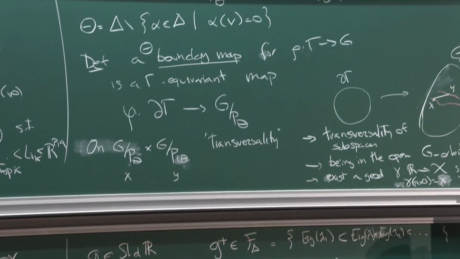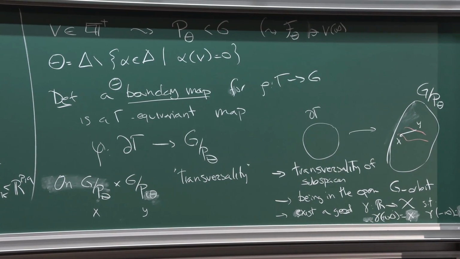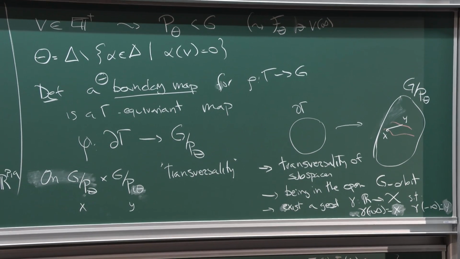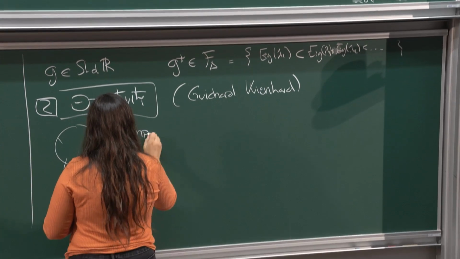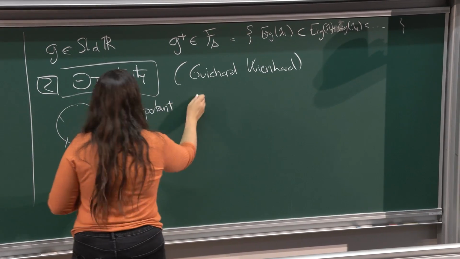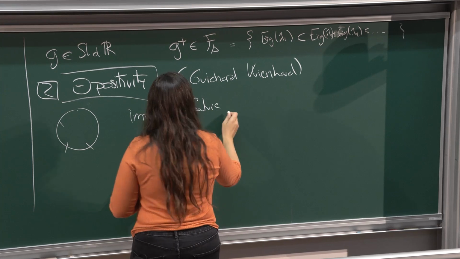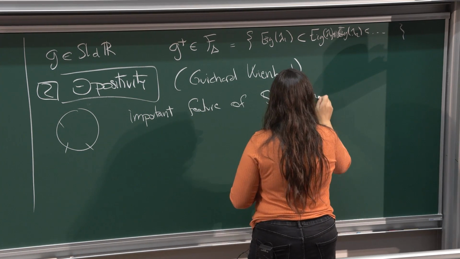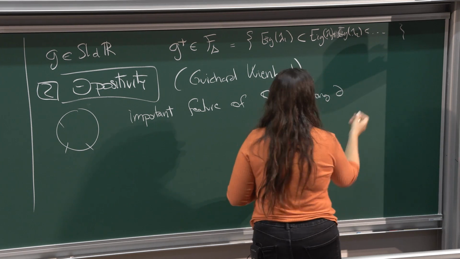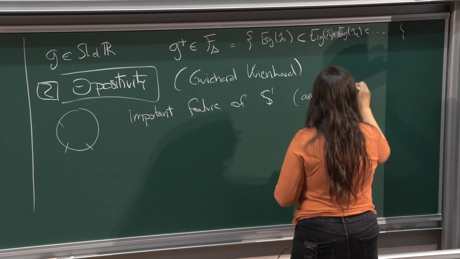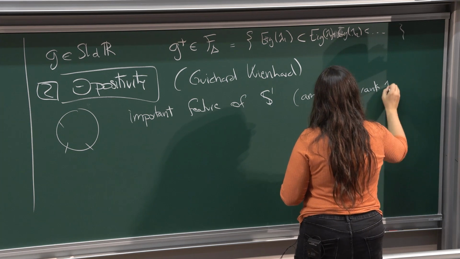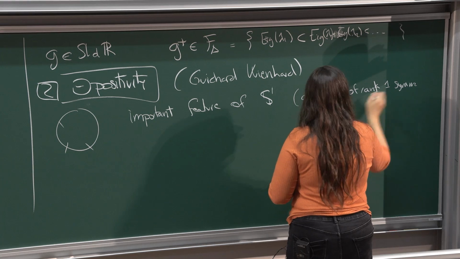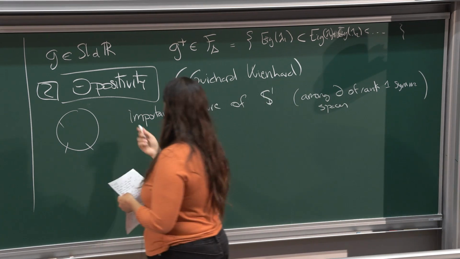And what is very nice about the circle is that there is a cyclic orientation. So an important feature of S1, among boundaries of rank 1 spaces, is the cyclic orientation.